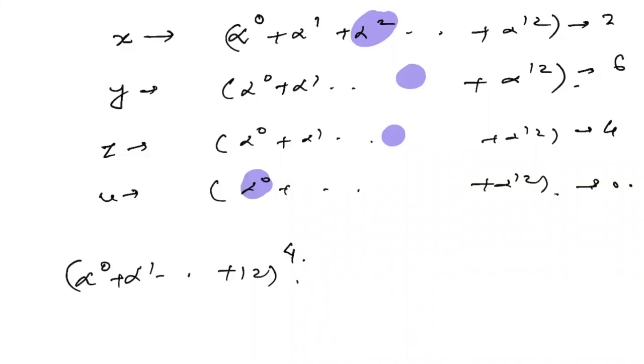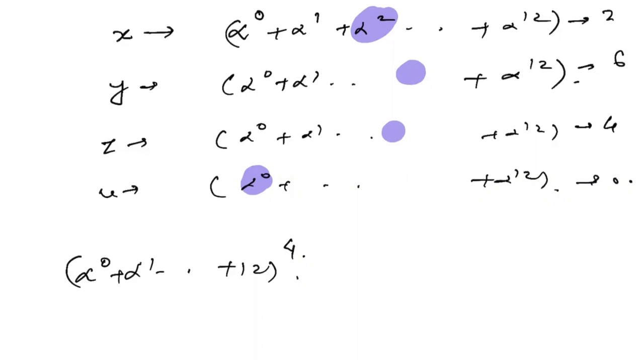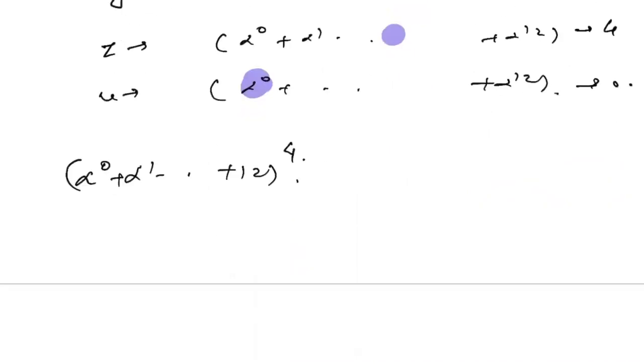So if I want to go for the powers, it's given as alpha to the power 0 to alpha to the power 12, and in this case, that whole thing to the power 4.